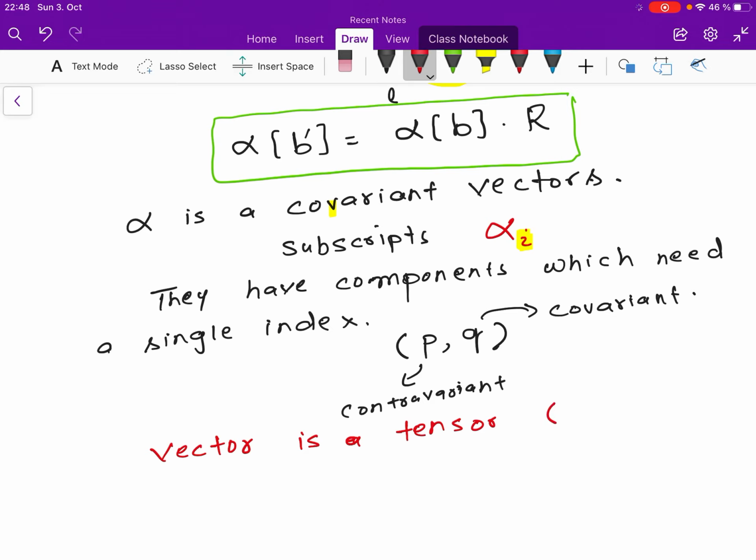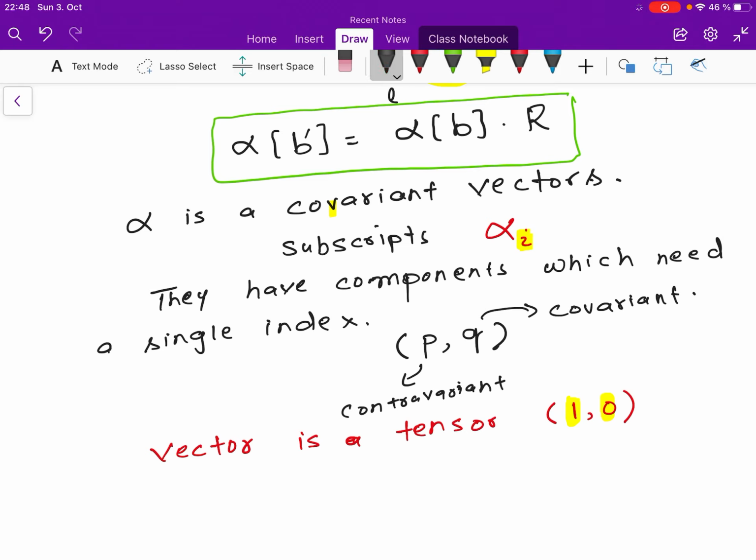So it can be indexed by one index, and the covariant component is 0, which means the components of the vector are contravariant. So there is no covariant component, so this will become 0.